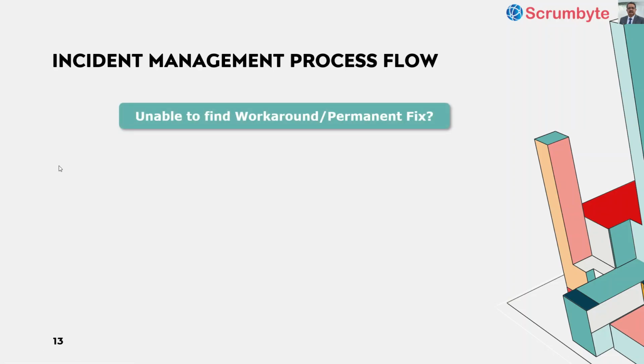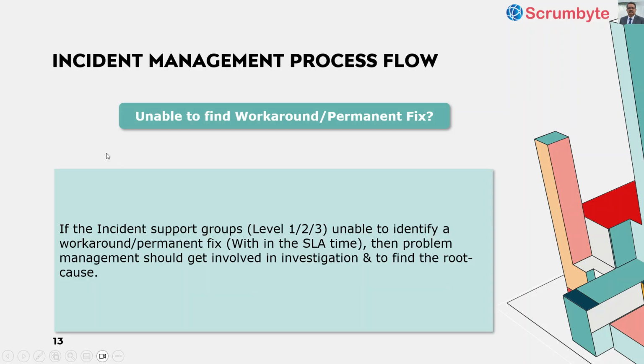During the process, many times you are able or unable to find a workaround or a fix. If the incident support group is unable to identify a workaround or a permanent fix within the SLA time, for example, we have signed an SLA with the customer saying that I will resolve this in 4 hours, and it is not possible, then the problem management team, the separate team for that, should get involved and try to find out the root cause.